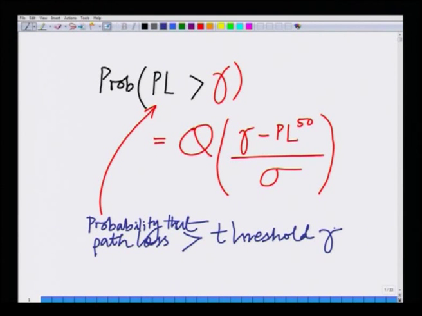This is the probability that the path loss is greater than threshold gamma. Let us consider an example.